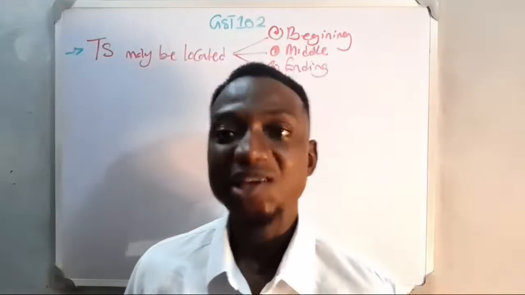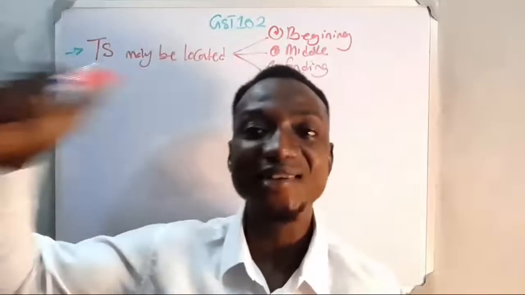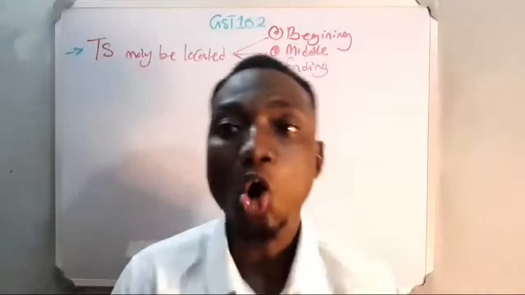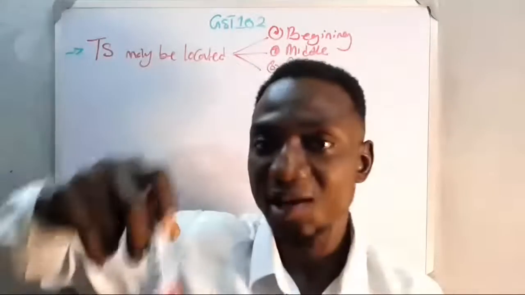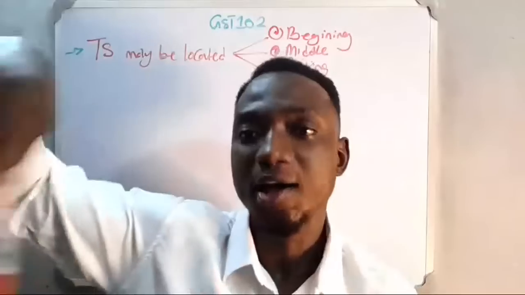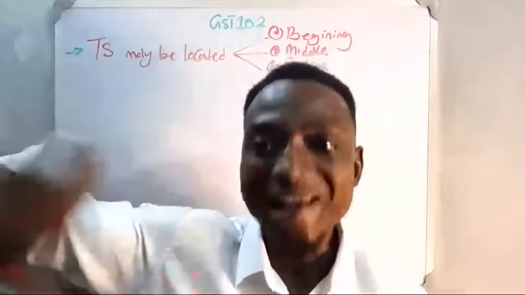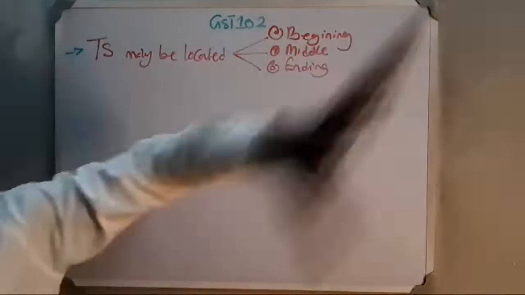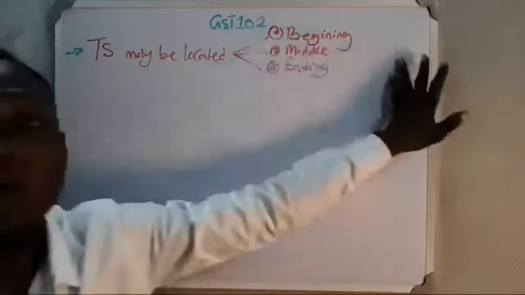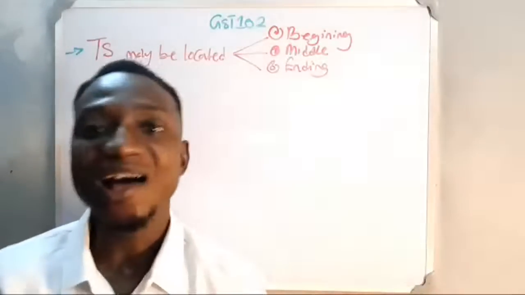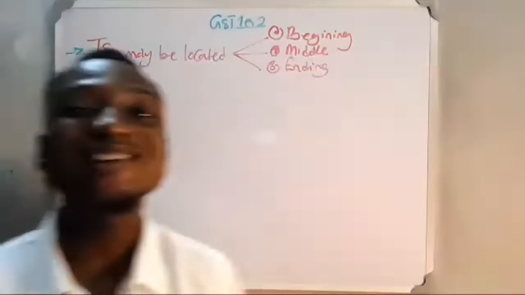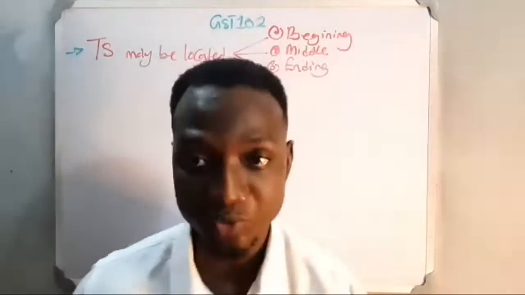If we are discussing anything related to calculation, it is to further explain or buttress a point that we are trying to explain better under the TS GST102. So a topic sentence coming at the beginning is easily identified, and it makes the paragraph easily understandable for the reader.